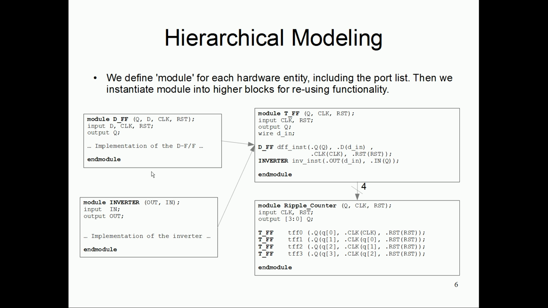So the top level reset is actually traversing through the hierarchy. It goes from the top level to the next level, the T flip-flop. Inside the T flip-flop, reset goes into the D flip-flop. That signal goes inside and does something. We'll see what it does in a later section.